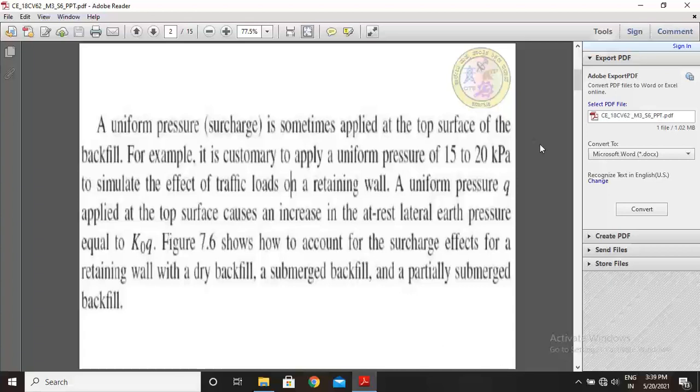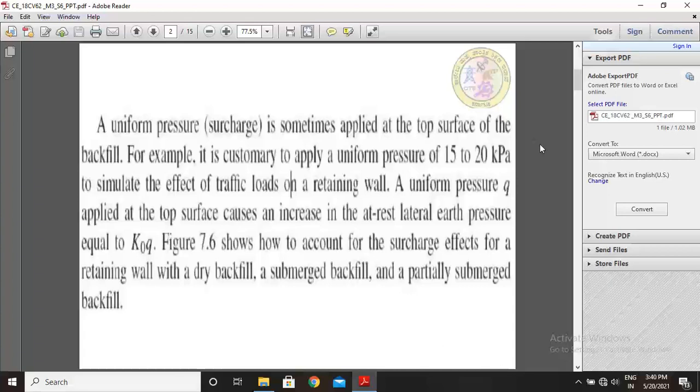A uniform pressure Q applied at the top surface causes an increase in the at rest lateral earth pressure equal to K0 times Q. Figure 7.6 shows how to account for the surcharge effects for a retaining wall with a dry backfill, a submerged backfill and a partially submerged backfill.